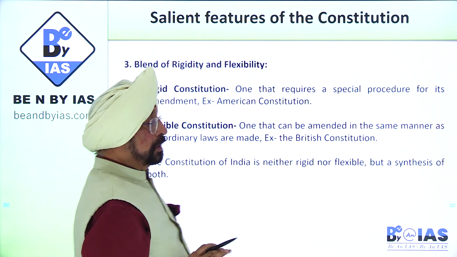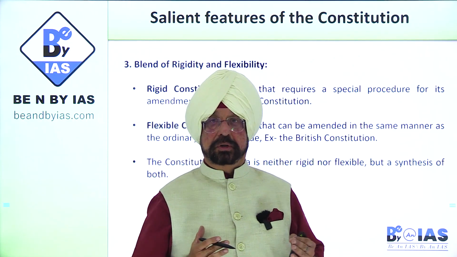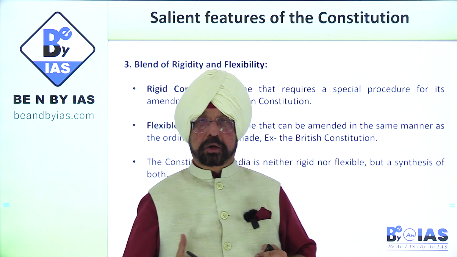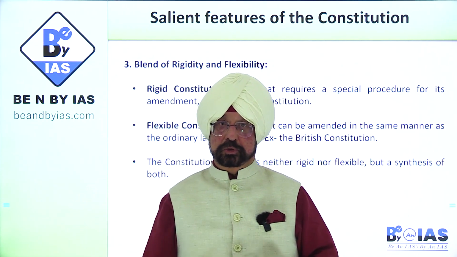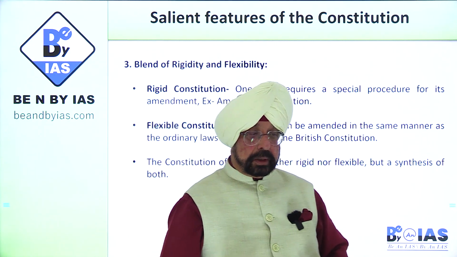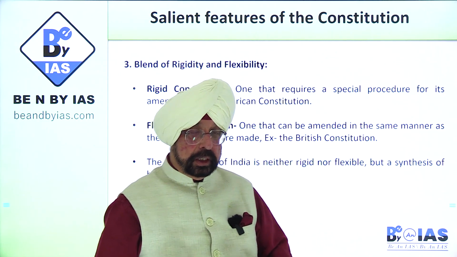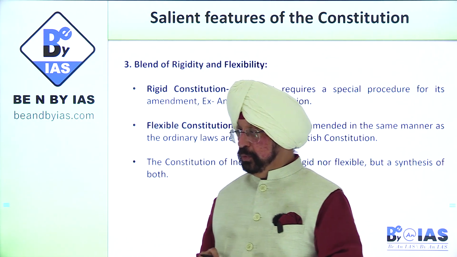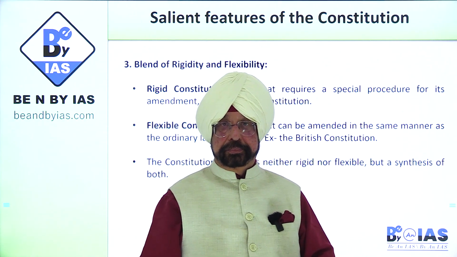Now the question comes, how rigid is our constitution and how much flexibility is there? What do you mean by a rigid constitution? A rigid constitution is one which, if it is truly rigid, is almost impossible to change or amend.